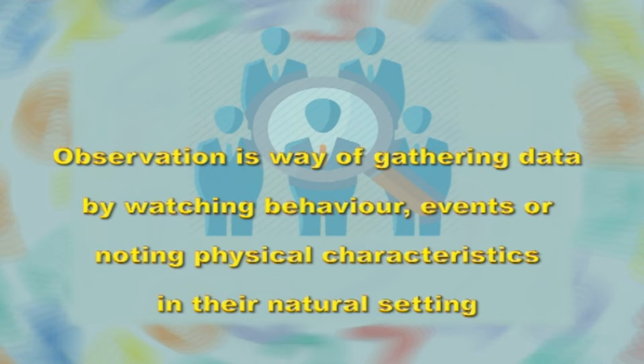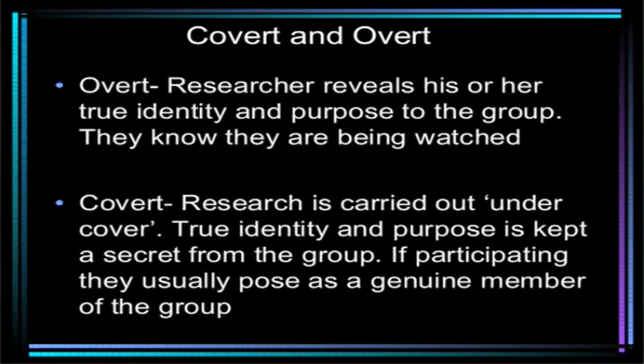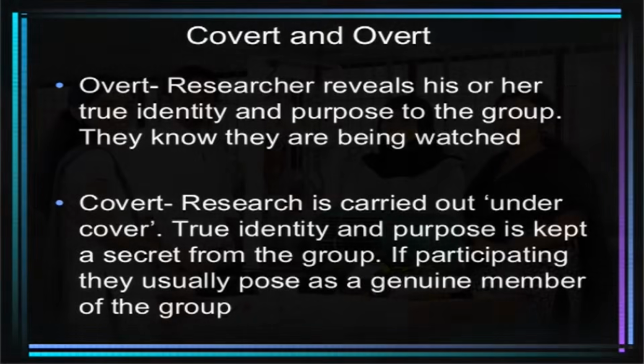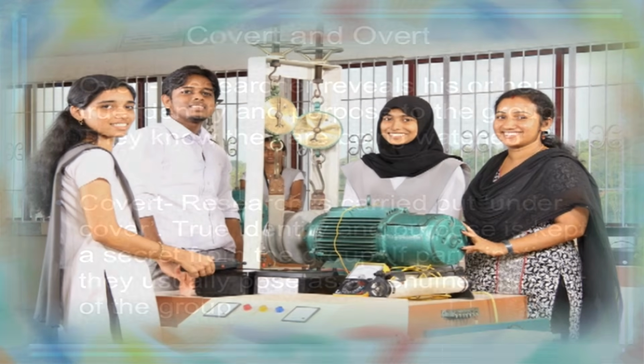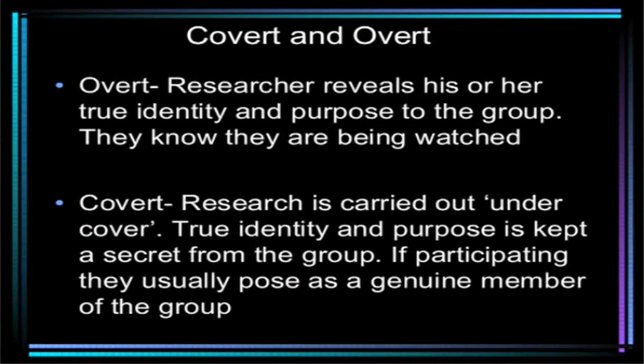Observation is a way of gathering data by watching behavior, events or noting physical characteristics in their natural setting. Observation can be overt, that is, everyone knows they are being observed, or covert, where no one knows they are being observed and the observer is concealed.